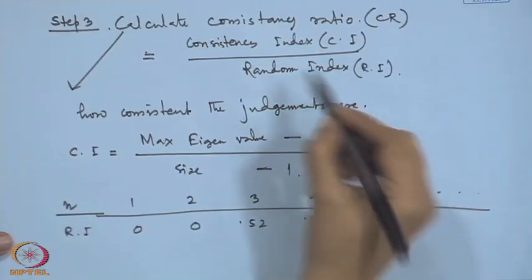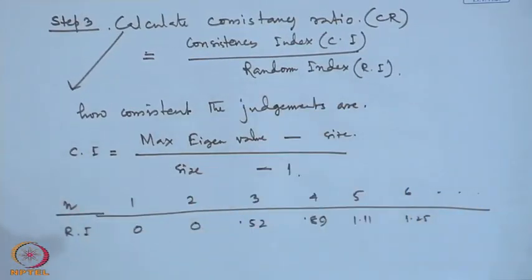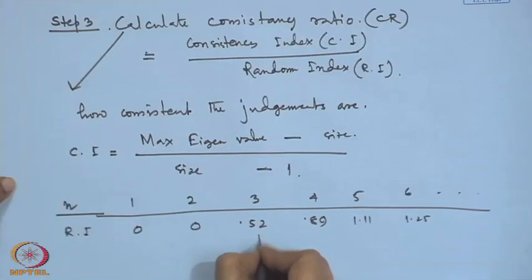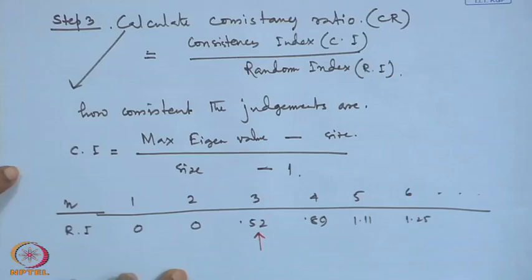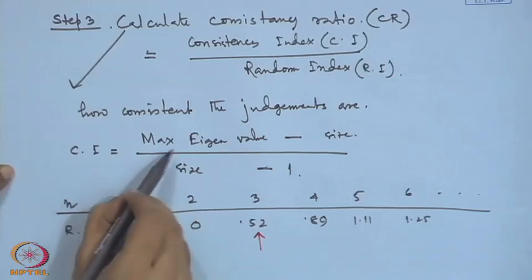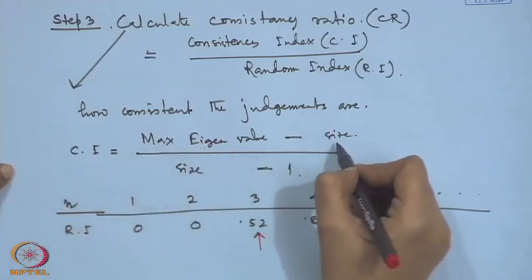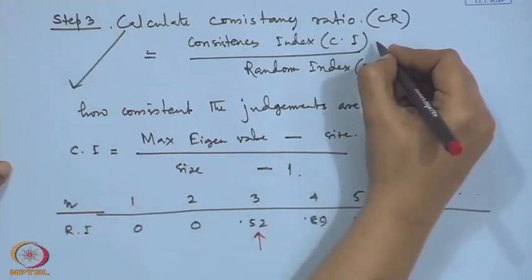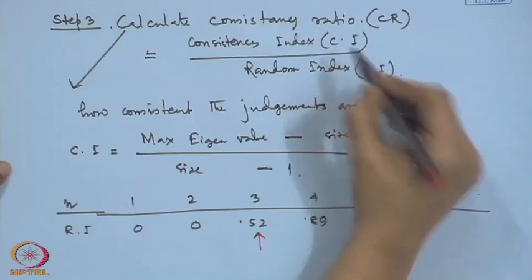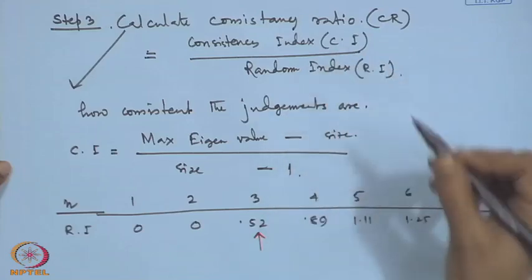Now, we are considering the consistency ratio for this problem. For the previous problem, the random index will come as 0.52 because the size of the matrix is 3 by 3. And if we consider the maximum eigenvalue minus n divided by n minus 1, accordingly the consistency index will be calculated. Random index is 0.52.